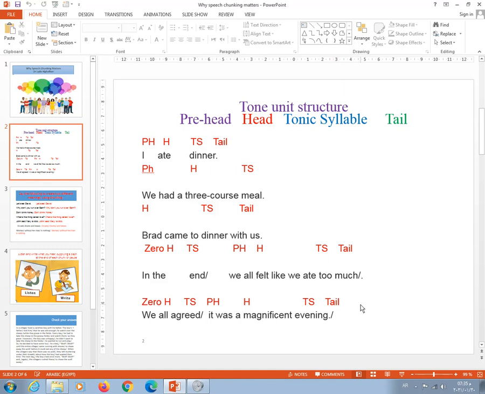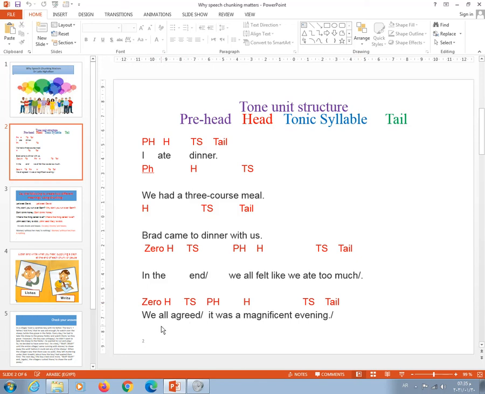However, due to some contextual effects, we can find that the tonic syllable can come in the middle of the utterance or at the beginning of the utterance, depending on its informational value, because a tonic syllable is the most important part, the part that gives the highest informational value.